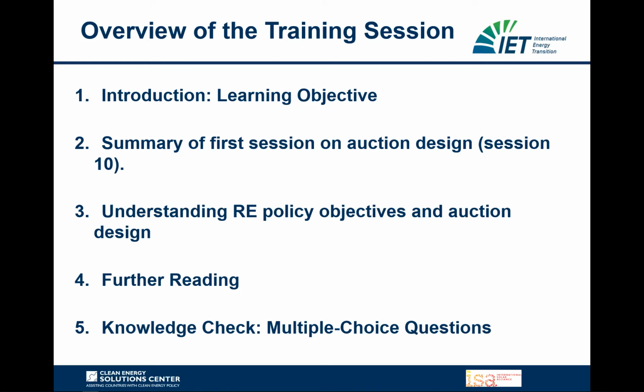We will also look at potential combinations of auctions with feed-in tariffs, because many policymakers around the world are interested in supporting different actors, different market segments with different support mechanisms. And eventually you will get some further reading and, as always, some simple knowledge checks at the end of this webinar, so you can test whether you fully understood everything that was discussed.